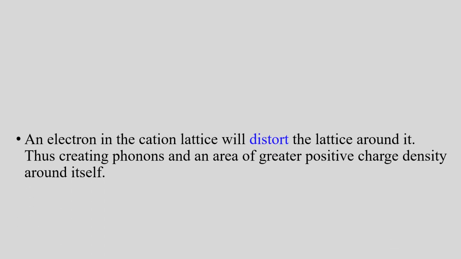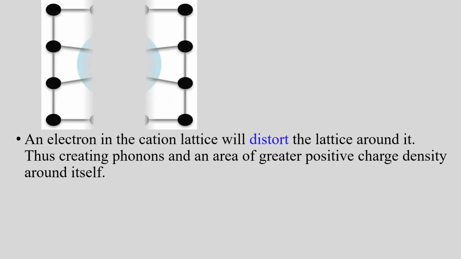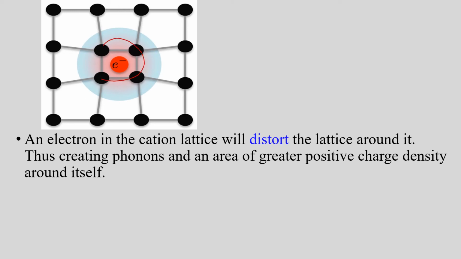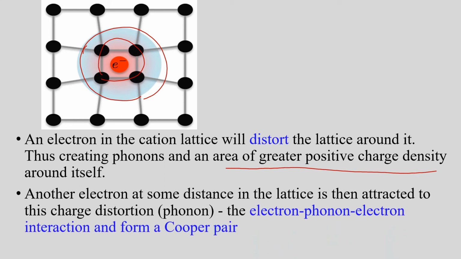When an electron interacts with a lattice, it gets distorted. This distortion, or lattice phonon, shields this electron from other electrons in the lattice, creating an area of greater positive charge density. The second electron, which is at a distance, sees this greater positive charge density and gets attracted.